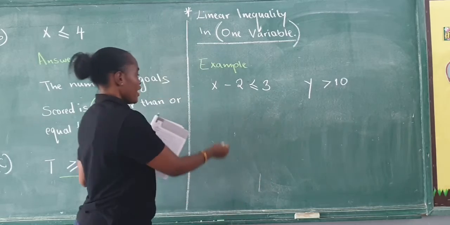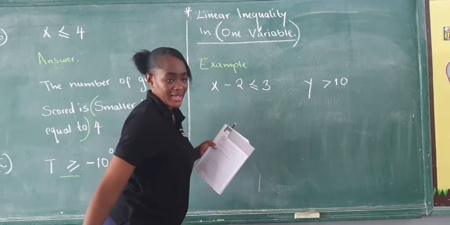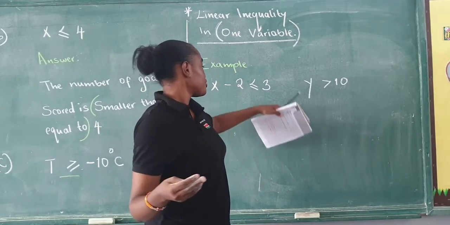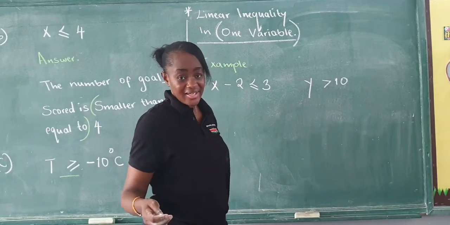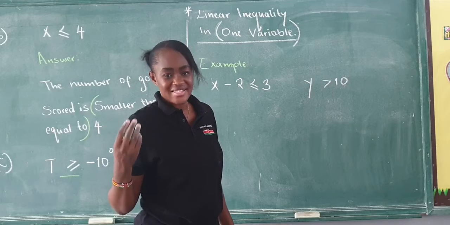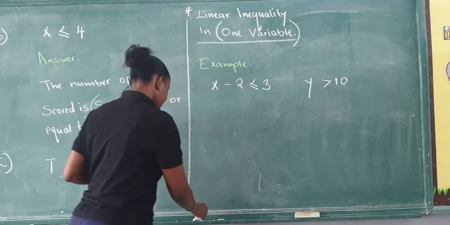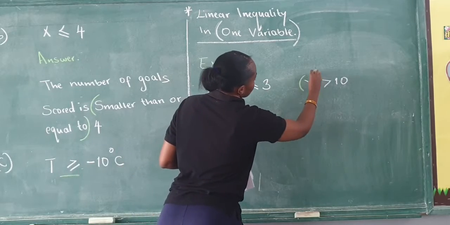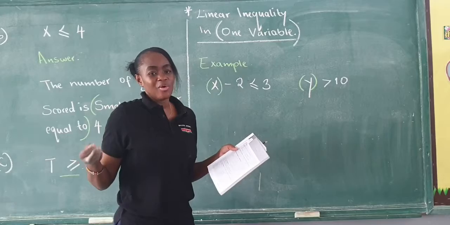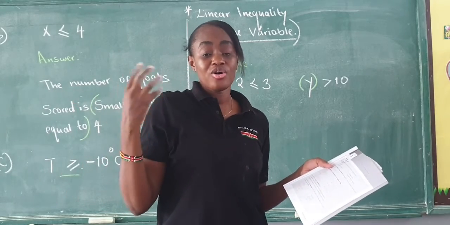What is linear inequality in one variable? Example, we have x minus 2 is smaller than or equal to 3. Or we have y is greater than 10. In one variable, it means an inequality that has a symbol of x, y, or z.